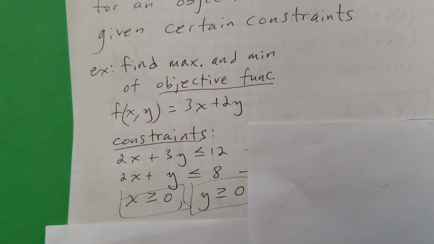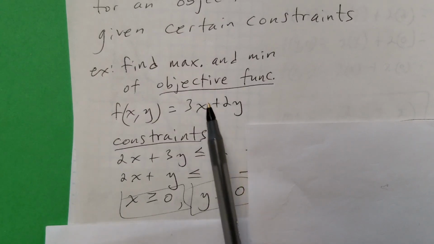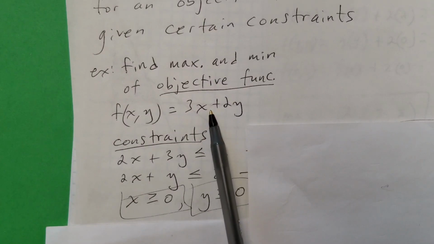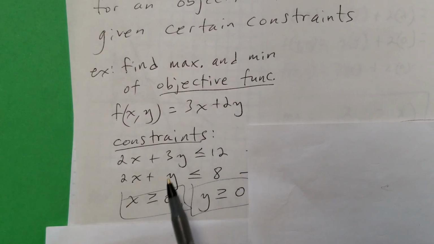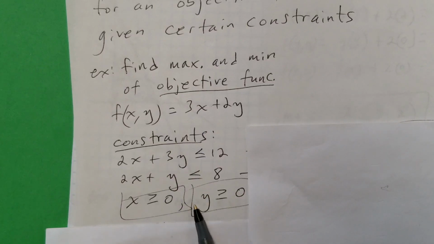So in that closed shape, what point will give the greatest value and the least value to this function up here? Sounds a little confusing, but once we graph these constraints, it'll become a little clearer.